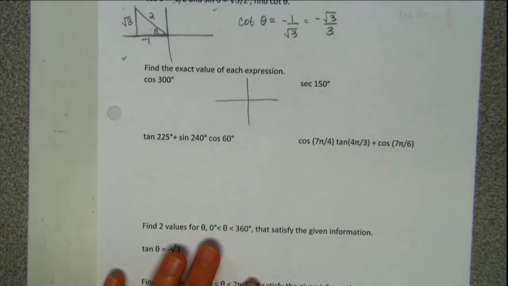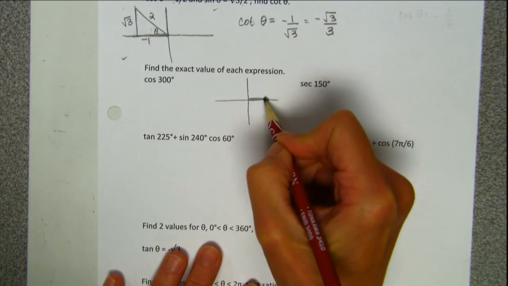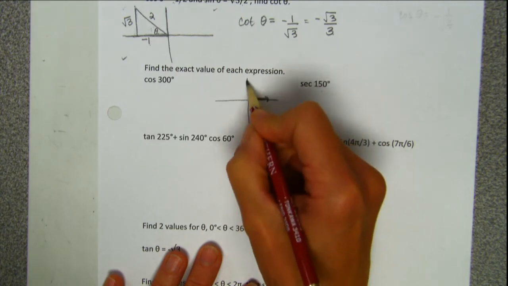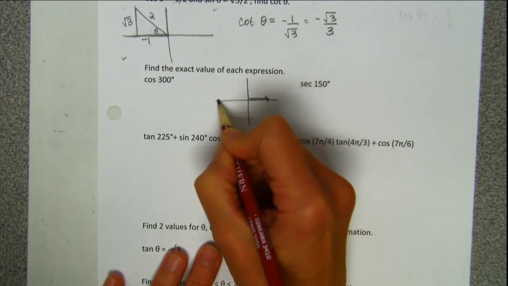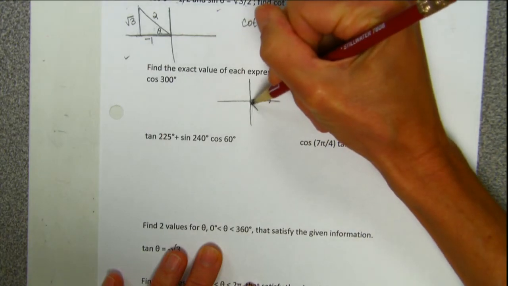The cosine of 300 degrees, we've got to go find it. I am in standard position, and I'm going to go around and find where my terminal ray lies. 90, 180, 270, 300 is going to be in here.